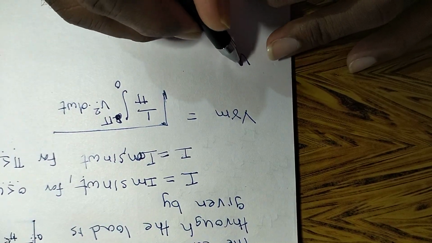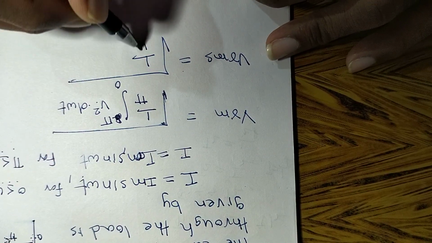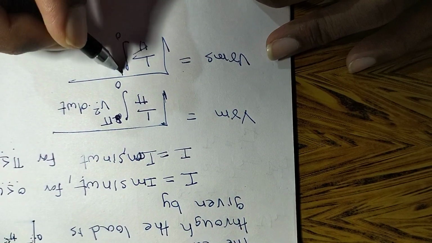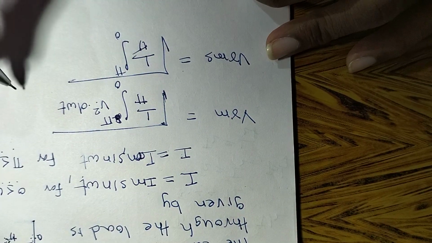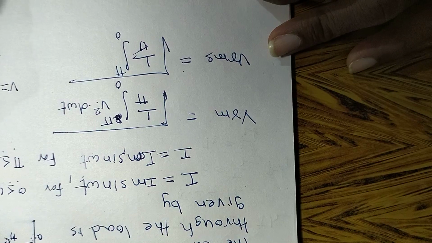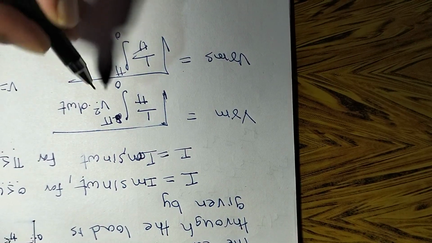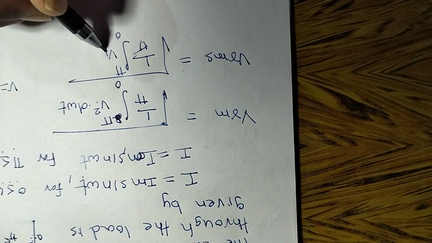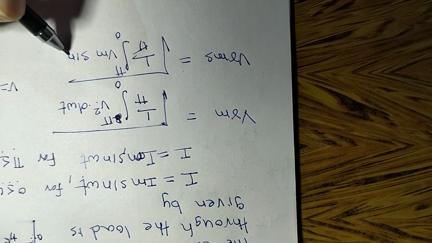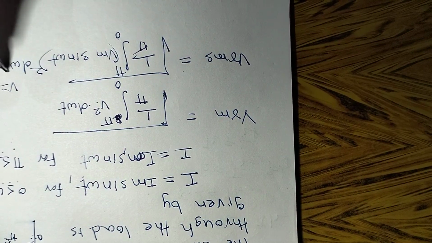That is, Vrms equals square root of 1 divided by pi integral 0 to pi, because here V is the input voltage, V equal to Vm sin omega t. Now in place of V squared you substitute Vm sin omega t whole squared d omega t.